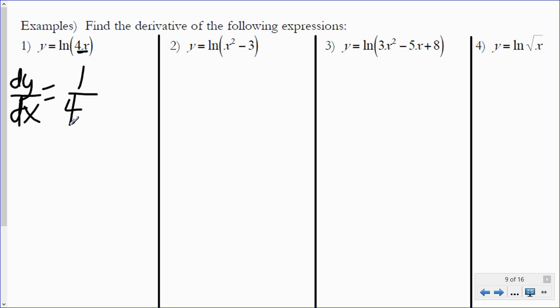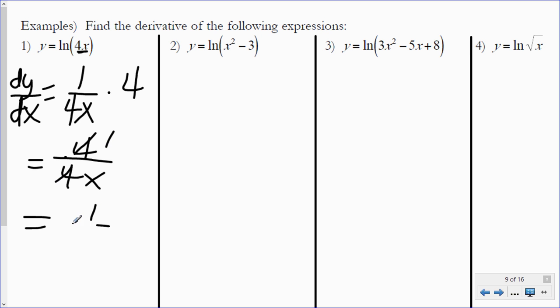So 1 over 4x, but then times the derivative of 4x, which is 4. If you multiplied straight across, you would get 4 over 4x, which simplifies back to 1 over x. So the derivative of natural log of 4x is still 1 over x.